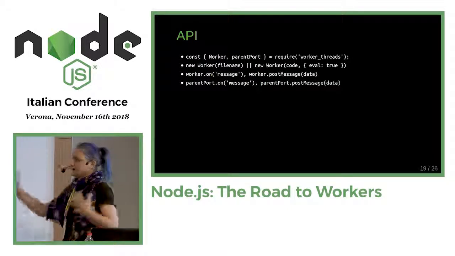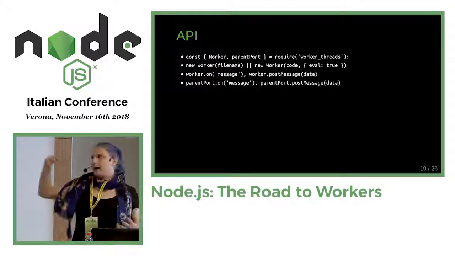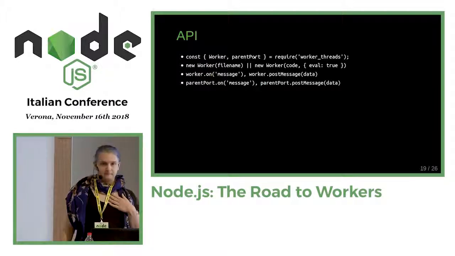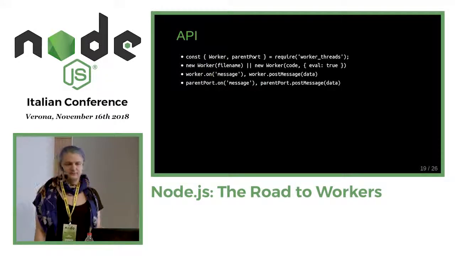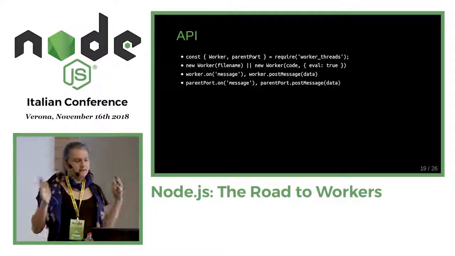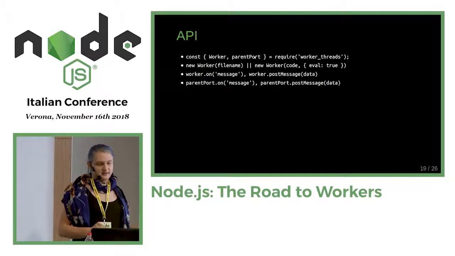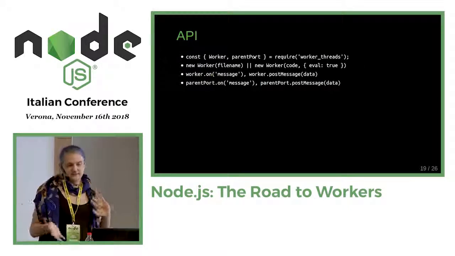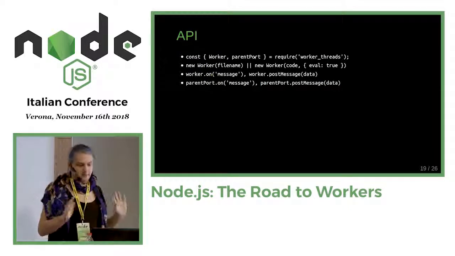And so this is how the actual API looks. I mean, there's more to it than this, but this is basically everything you would need to know. We have this module worker_threads, and it has a Worker class inside of it and a parentPort instance, which may or may not be defined.